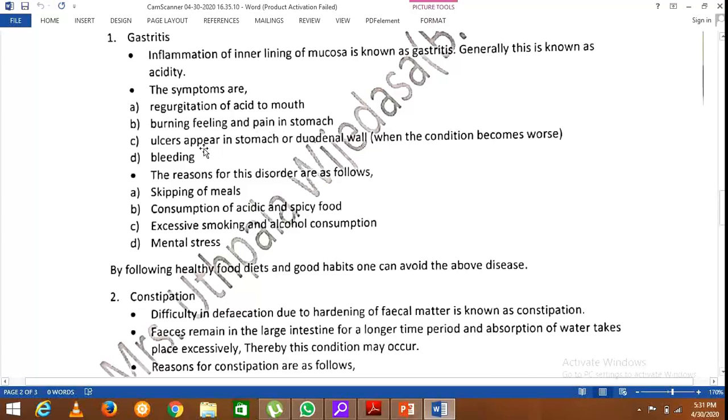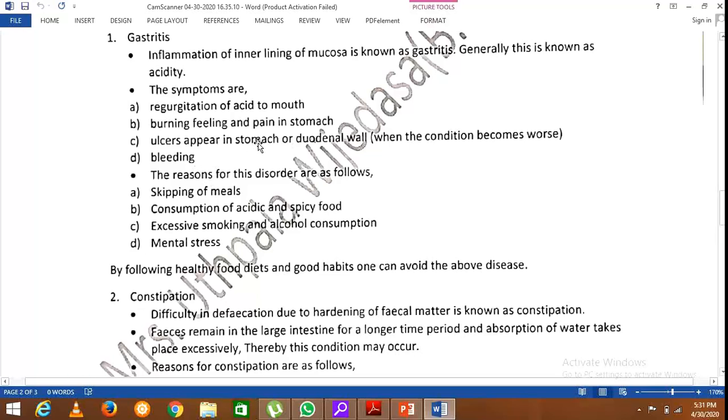If this condition continues, ulcers can appear in the stomach or the duodenal wall. When this condition is worse, bleeding can take place, and ultimately these ulcers can end up as cancer conditions as well.